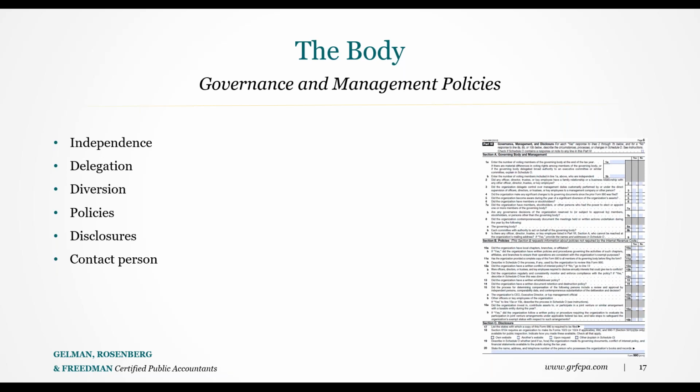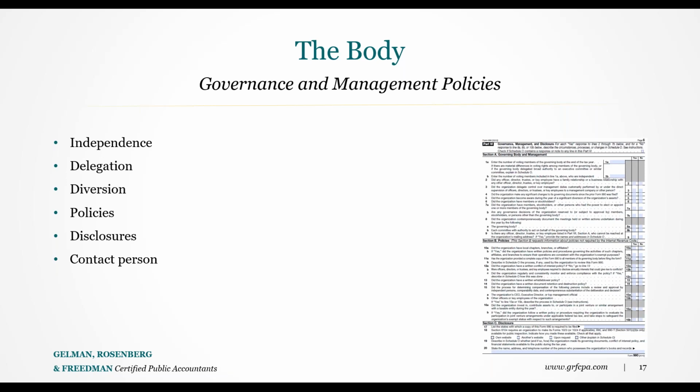And did neither the member nor any family member of the board get involved with a transaction, whether directly or through maybe one of their organizations? And the last prong of that independence is whether the member or family member had a transaction with a related organization of the organization. So to show good governance, you really want to make sure that your board is made up of independent board members.